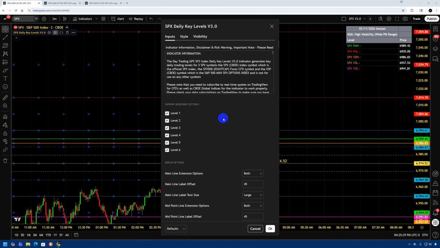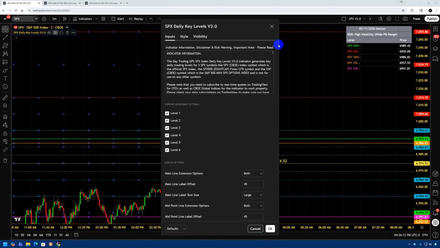So that was part of the decision of things that we had to eliminate from the code in order to make room for all of the other new features so that the indicator could be completely stable and not be anywhere near the coding character line limit for TradingView PineScript. So if you prefer to use zone shading, that's not going to be in the V3.0 indicator, so I just want to make you aware of that. If you like to use zone shading, then you can still use the V2.0 indicator for utilizing zone shading.